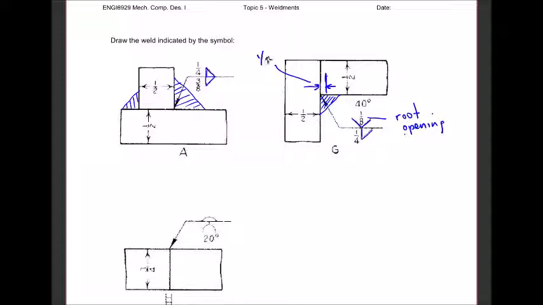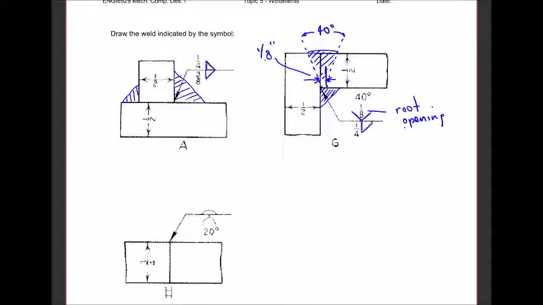Okay, so that's 1/8 of an inch. I got an included angle of 40 degrees. So I'm going to go down here and I'm going to draw some lines coming up from the bottom of my groove, which are going to give me that angle of 40 degrees. Okay, and then the weld is going to fill that zone. Okay, so there's my weld for that.